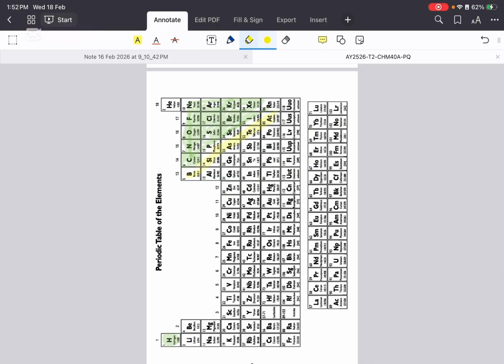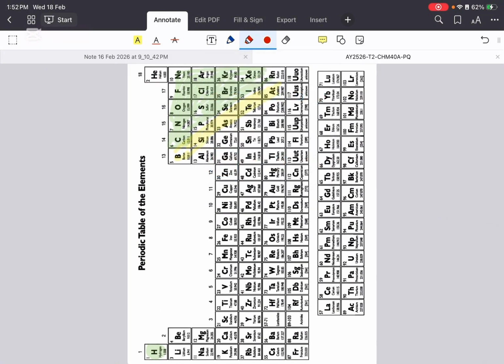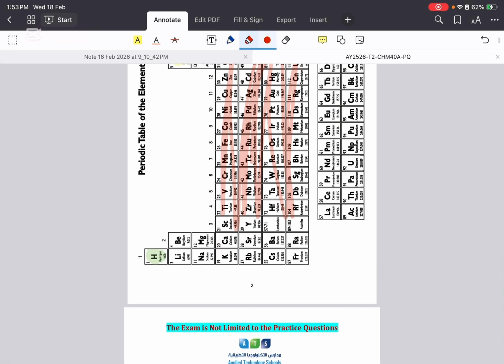If they come, I can consider the compound as a metal, and the rest are metals. So this is how they are located. Okay, let's continue.